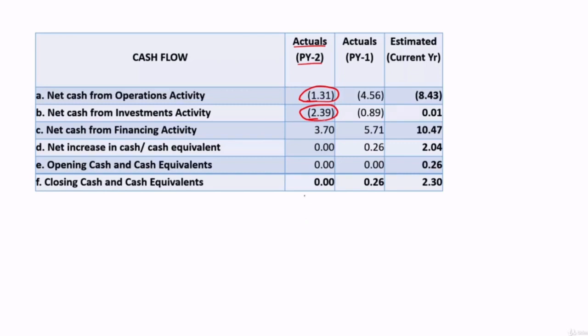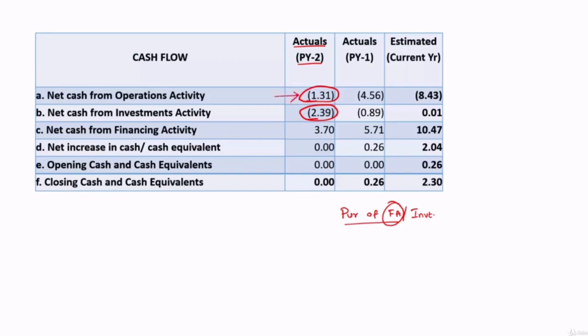Negative cash under investment activity indicates an outflow, let's say for purchase of fixed assets. It can also be making some investments in group concerns. So you should not conclude that this negative figure under investment activity is only for purchase of fixed assets. When this figure is very big, you have to go behind this, you have to look into the schedules.